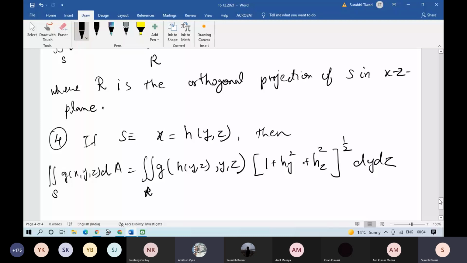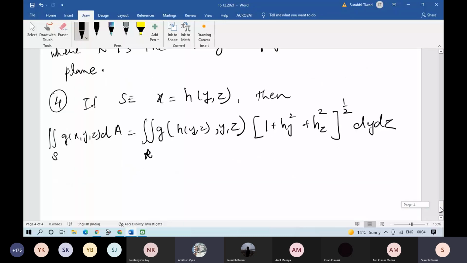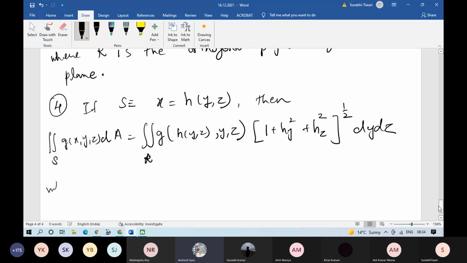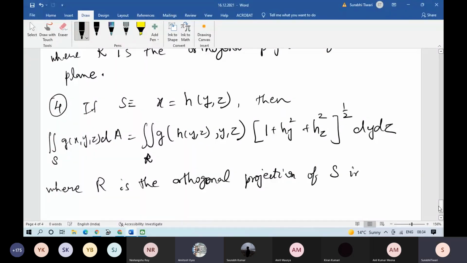Now what is R? R is the orthogonal projection of S on the yz plane.